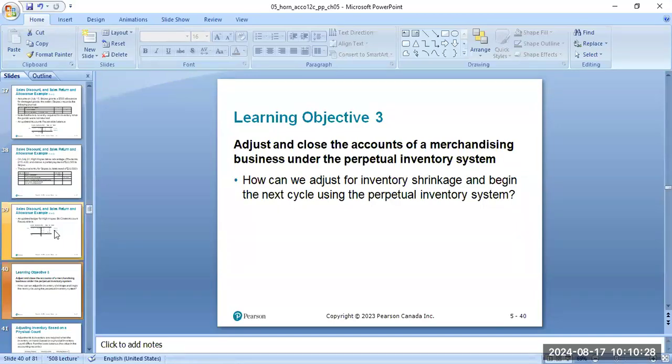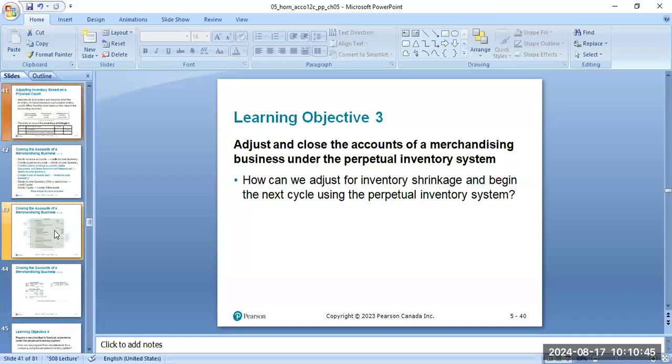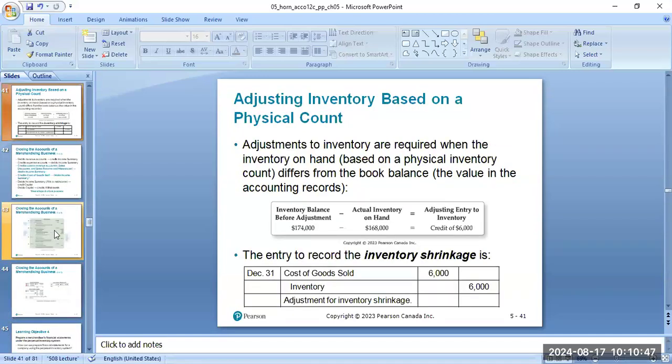But now we're going to have new accounts: sales returns, sales allowances, and sales discounts. We have to close those accounts, plus we have to close cost of goods sold.